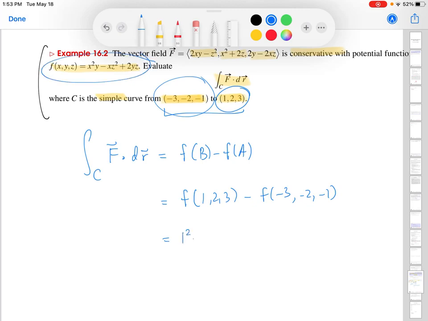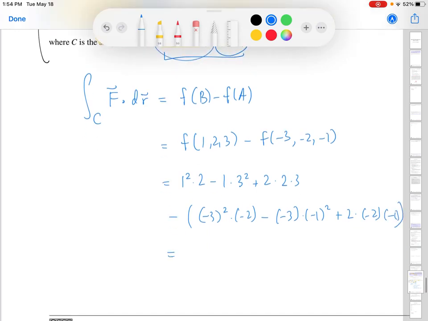So we're doing 1 squared times 2 minus 1 times 3 squared plus 2 times y times z. And then we're subtracting -3 squared times y minus x times z squared plus 2 times y times z.